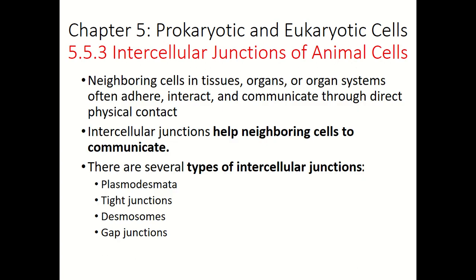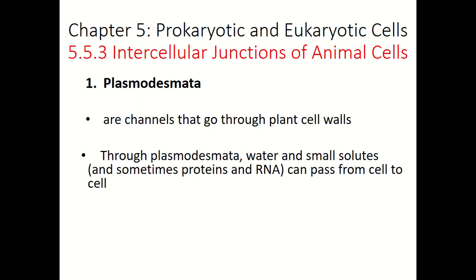In animal cells, they also have intercellular junctions to transport molecules. Intercellular junctions help neighboring cells to communicate. There are several types of intercellular junctions, in animal or plant cells, which are plasmodesmata, tight junctions, desmosomes, and gap junctions. We're going to look at the first intercellular junction, which is the plasmodesmata.